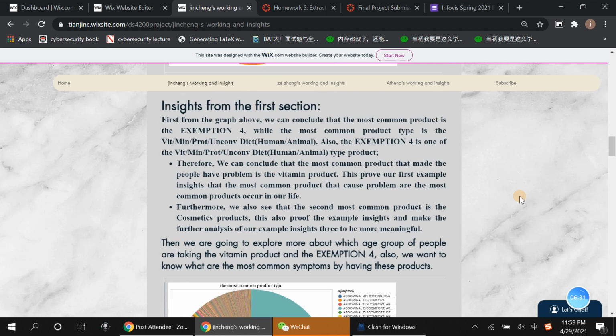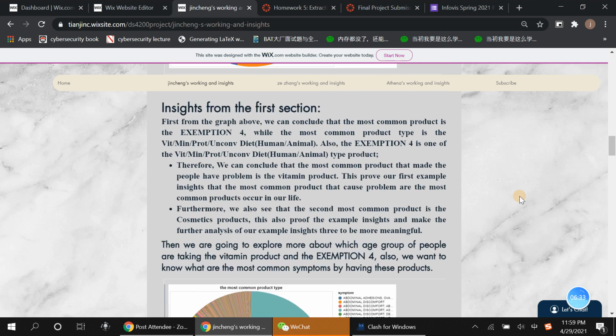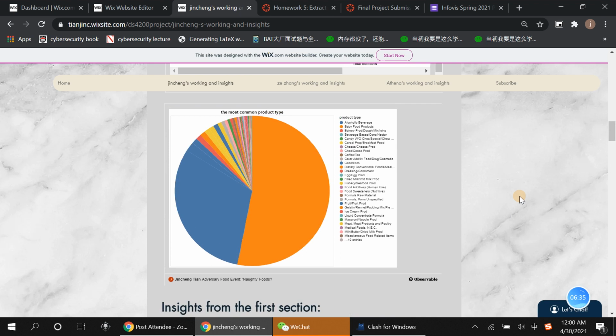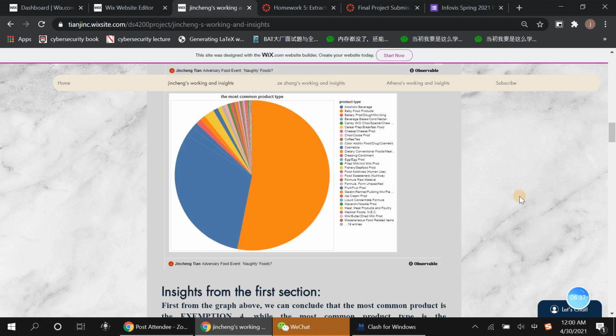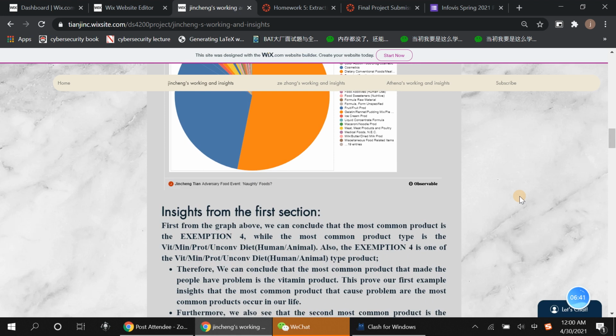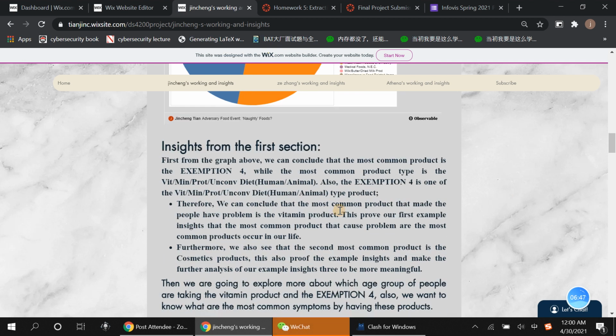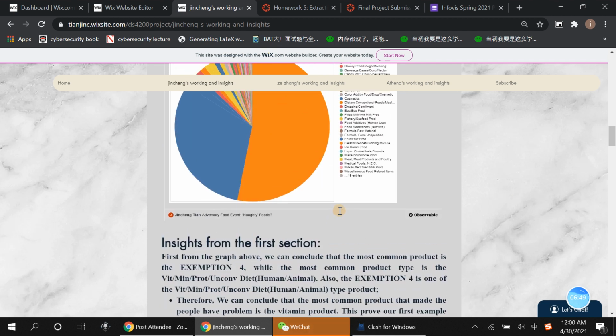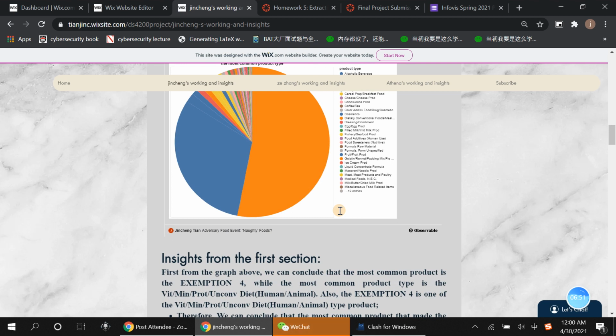The insight that I found for the first section is that from the graph above, we can conclude that the most common product is the exemption 4, which is a vitamin product. We also found that the vitamin product is the most common product type.